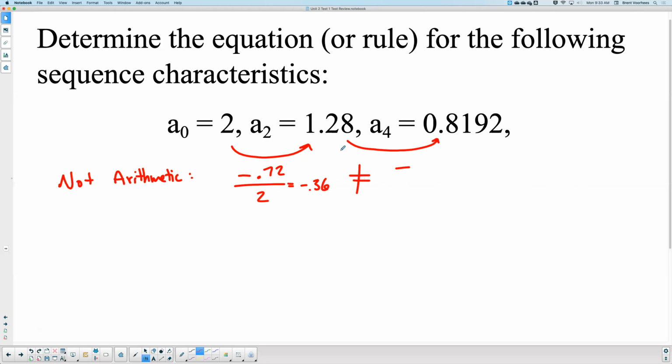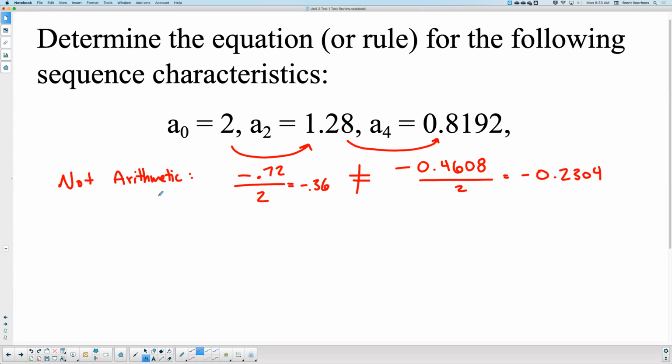What do y'all get? Negative 0.4608. Yep, 0.4608. Okay, and then how much is my x changing by, from 2 to 4? 2. You divide that by 2, and this will be an easier calculation. 0.2304. Are those equal to one another? No. So it's not arithmetic. There, we've proven it's not arithmetic.